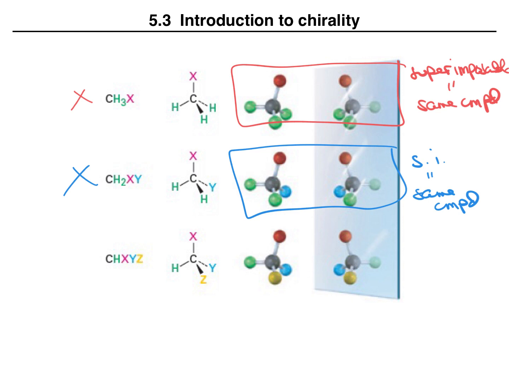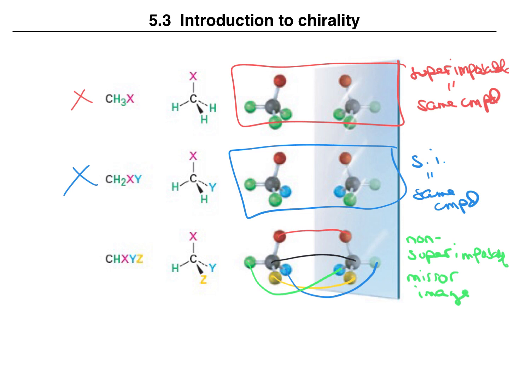If we line up the red on the red and the yellow on the yellow and the black on the black, then we are going to have the blue lined up with the green, and the green lined up with the blue. So these do not superimpose on each other. So these are non-superimposable mirror image isomers.